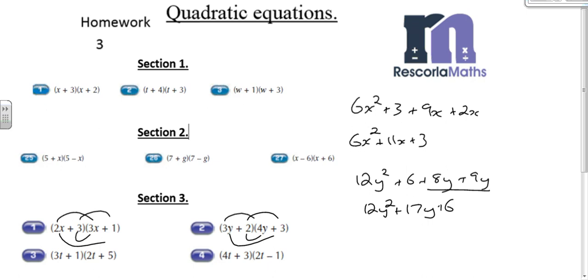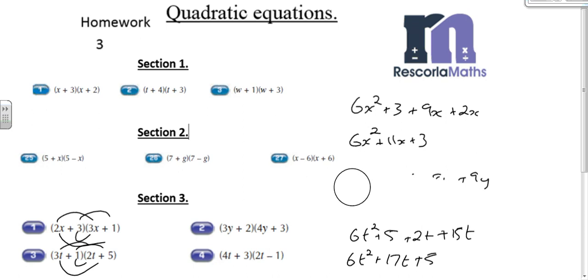Question 3. 3t times 2t is going to be 6t squared. The right eyebrow is plus 5. The nose is plus 2t, and the mouth is plus 15t. So then we simplify the nose and the mouth, so 6t squared plus 2t plus 15t is 17t plus 5.